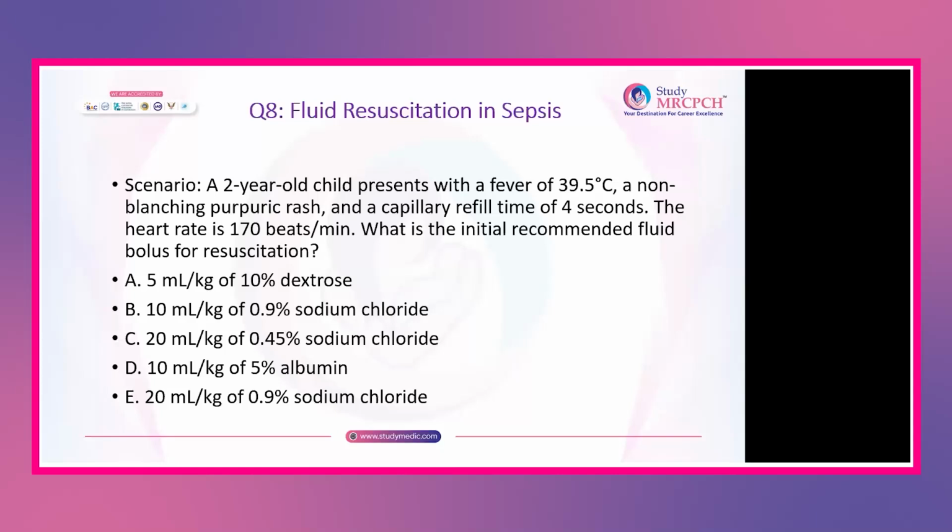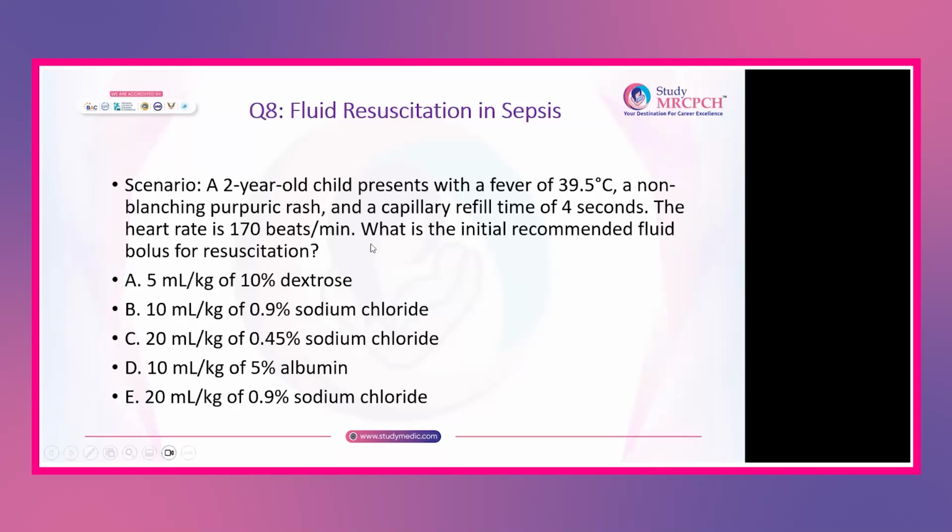So let's see the options and what we choose and why. 5 ml per kilogram of 10% dextrose, 10 ml per kilogram of 0.9% sodium chloride, 20 ml per kilogram of 0.45% sodium chloride, 10 ml per kilogram of 5% albumin, or 20 ml per kilogram of 0.9% sodium chloride.